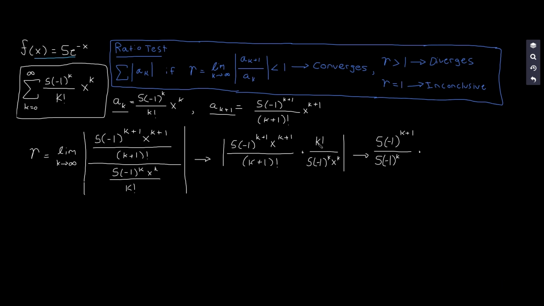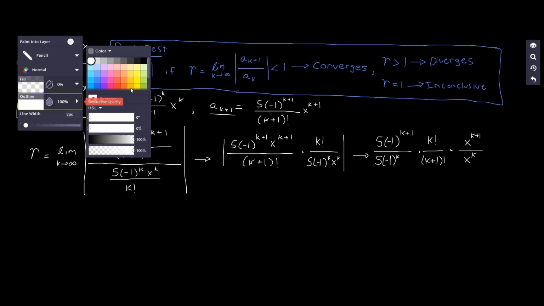And so I'll take this k factorial and I'll put it with this k plus 1 factorial. So we'll do k factorial over k plus 1 factorial. And then this will be multiplied to x being raised to the power of k. I should be more specific. So this is raised to the power of k too, but it's not a variable. It's not x being raised to the power of k. But now we have x being raised to the power of k in the numerator. We have x raised to the power of k plus 1. And then in the denominator, we have x raised to the power of k.